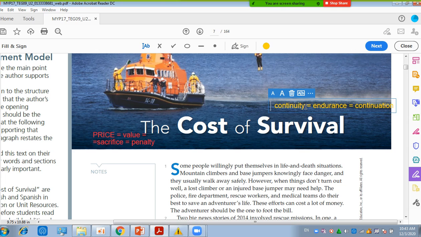The opposite will be discontinuity, or you can say end. Survival can act like a noun or adjective.